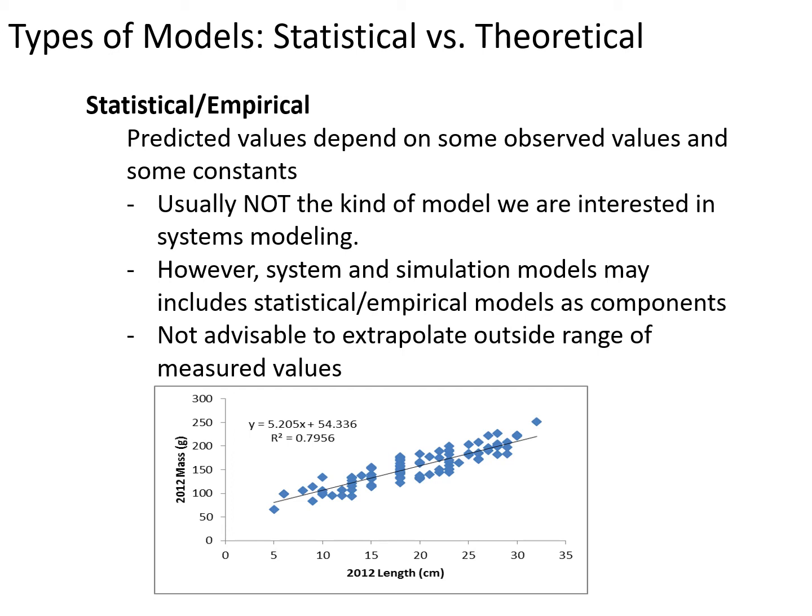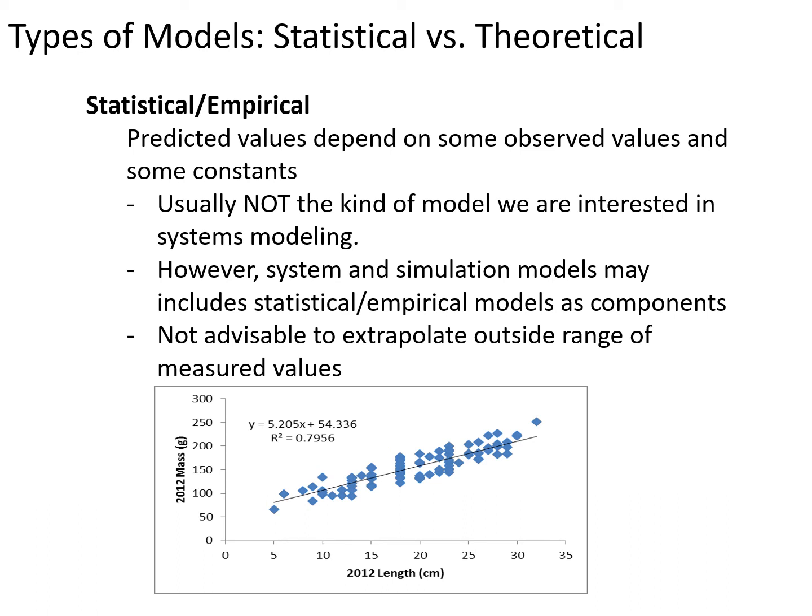So for instance, you might have a model that models fish populations in terms of a series of length classes. Okay, so you're going to keep track of the number of individuals with a particular range of lengths. But you might also need to know at some point their individual or total mass, and then you could use a relationship like the one at the bottom of the page to generate those masses on an empirical basis.